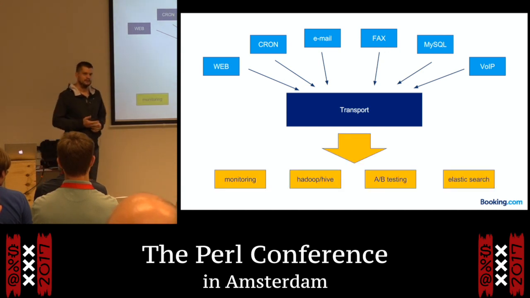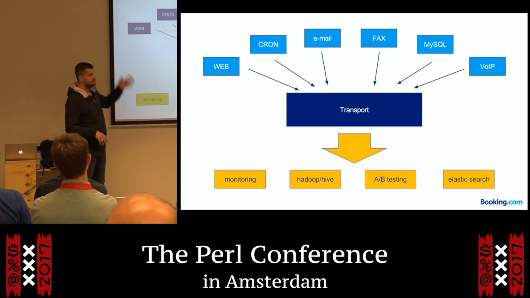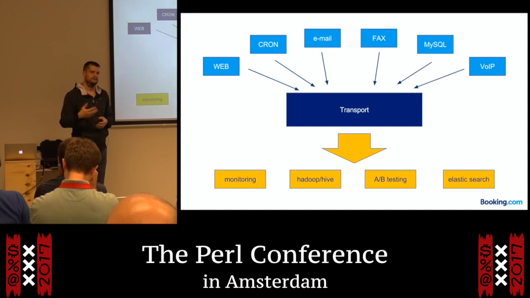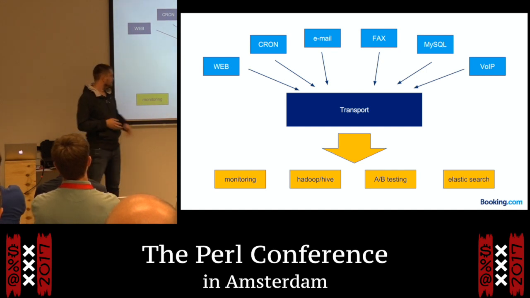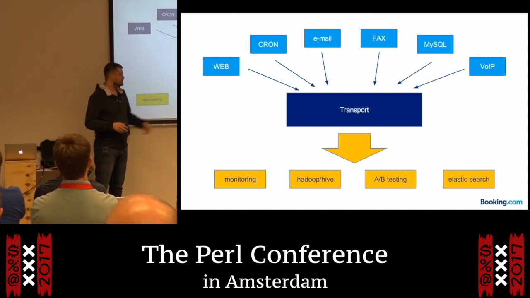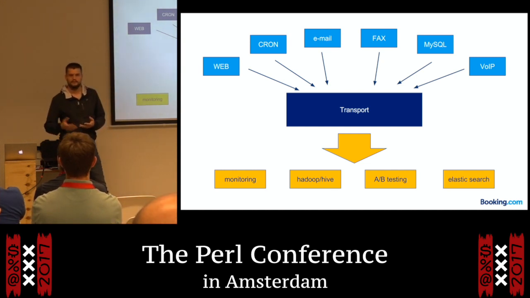And we have multiple destinations. Most noticeably, one of the destinations is the monitoring system. We use this flow of events to process them in a near real-time fashion, to extract relevant bits of information and to produce some graphs. Another destination is that we store those events for long-term storage and analysis.